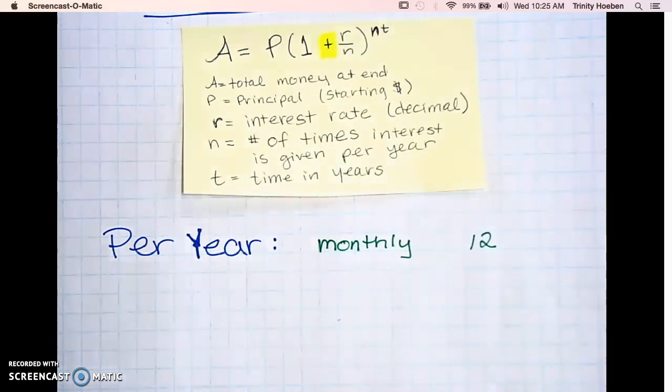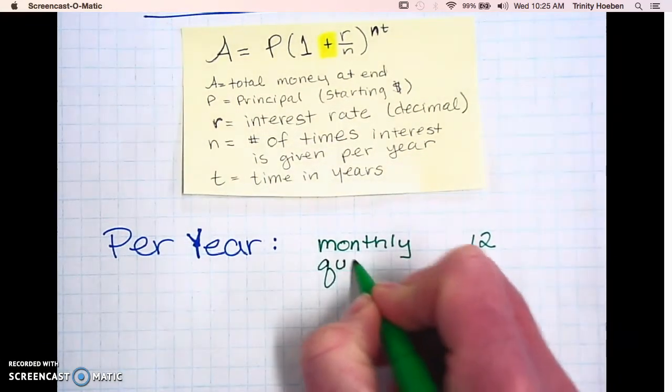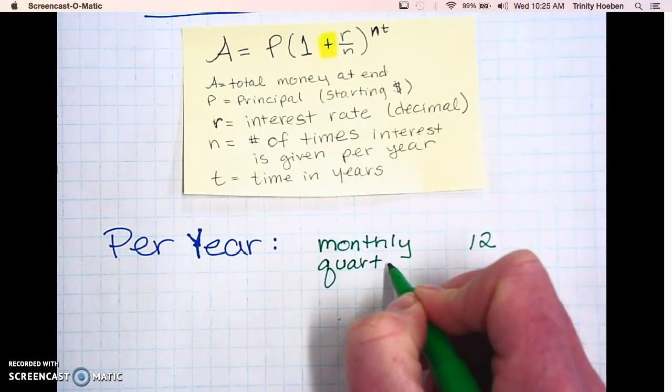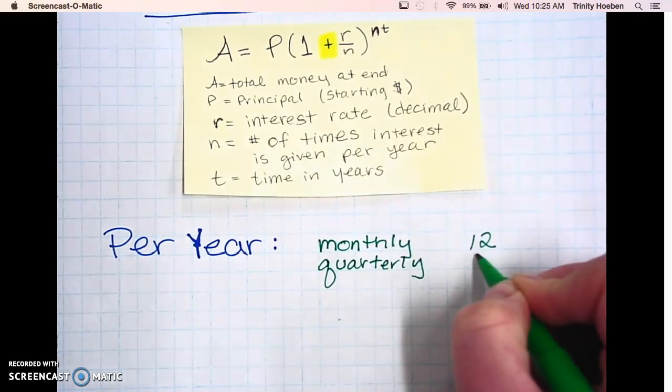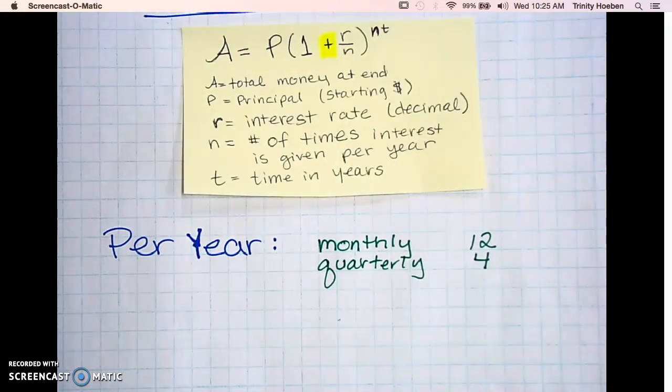Okay. If you see quarterly, anybody know that one? Quarterly. That's going to be 4 times a year. Quarterly would be every 3 months, which occurs 4 times a year.